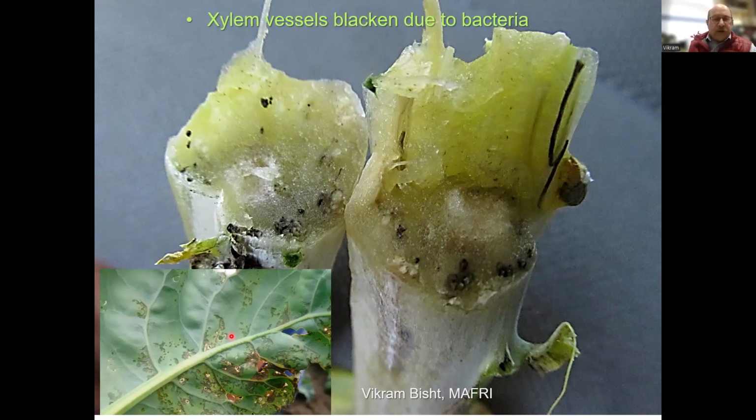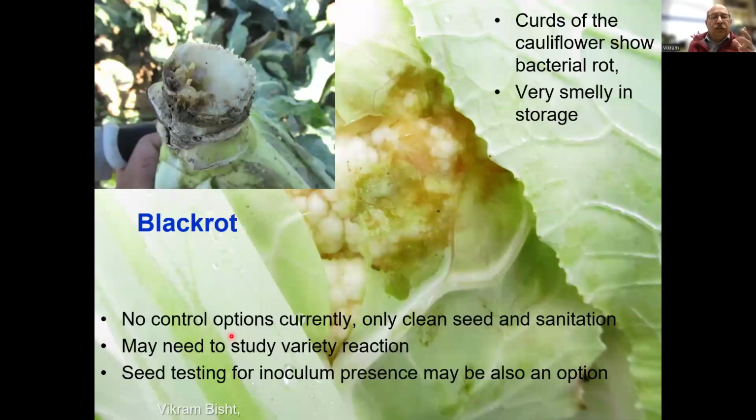And so this is quite devastating because even though the curds of the flowers that you see are looking so beautiful at the harvest time, when you put them in the storage, they just rot away and make the storage also extremely smelly. So one has to be very careful. What you're putting in the storage is clean, but quite often we don't realize they are infected.